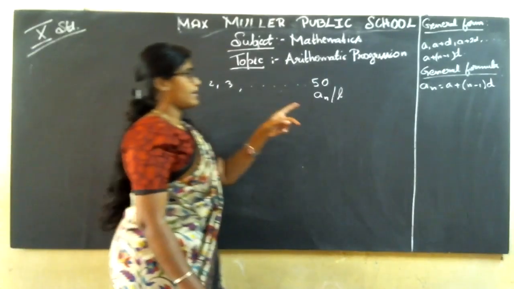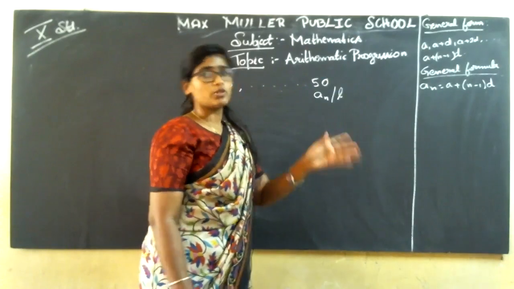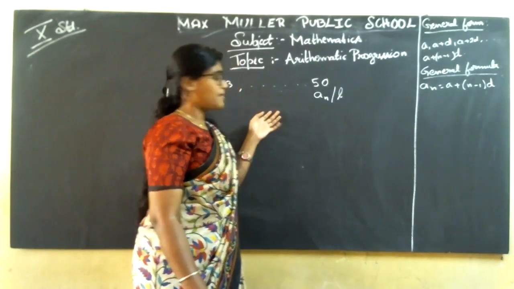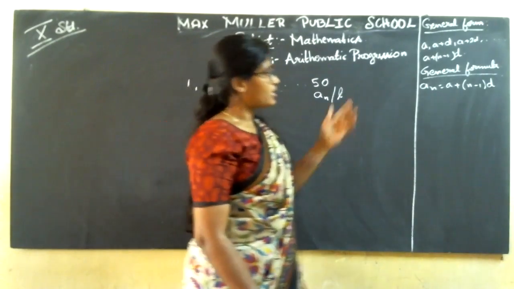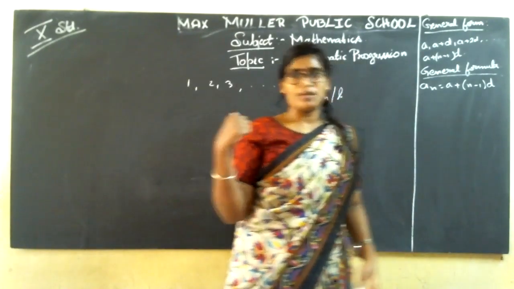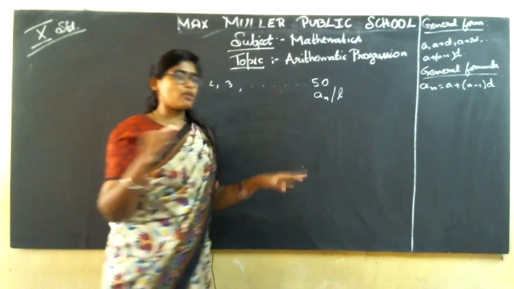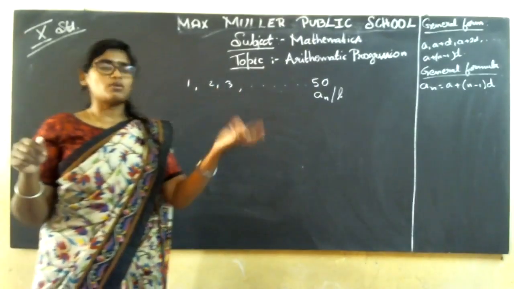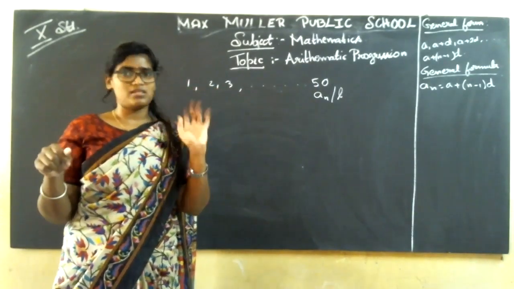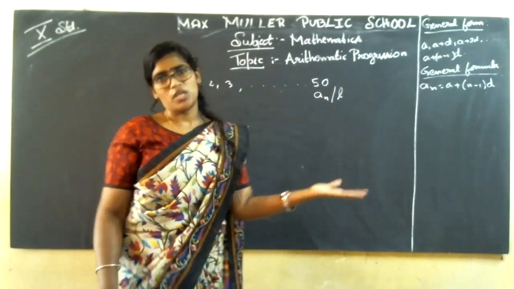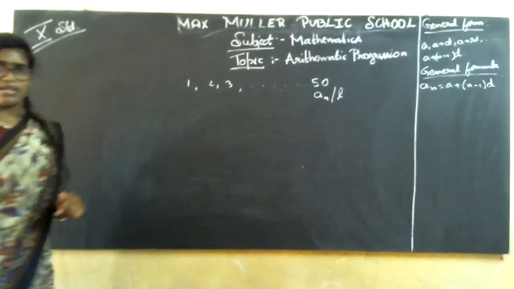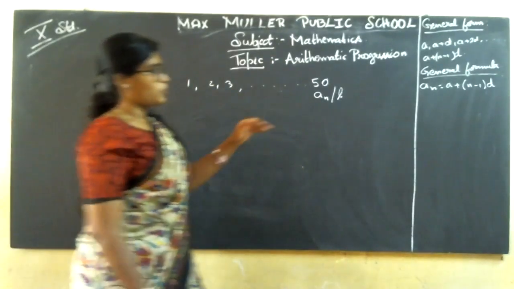N is the number of terms you have, as in the example, the number of lace packets you have taken, and D is the common difference. If you take a 5 rupees lace and a 10 rupees lace, what is the common difference between them? 5 rupees is the common difference. So D is 5. Bigger minus the smaller gives you the D value. Clear?